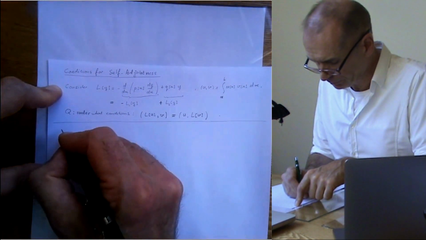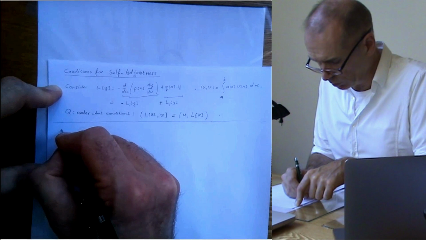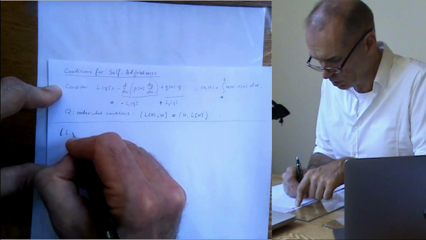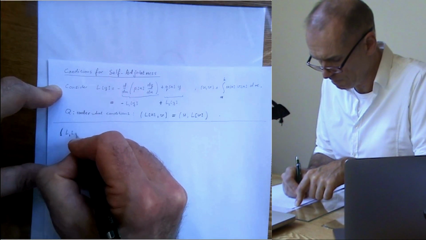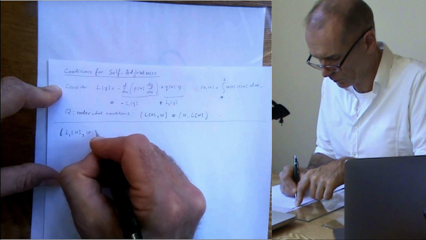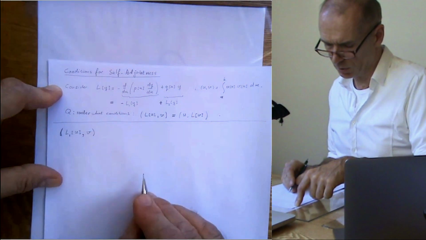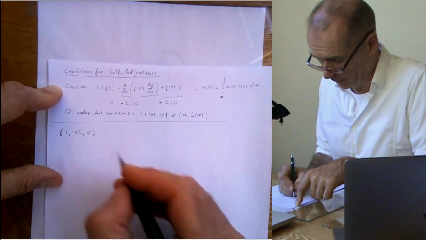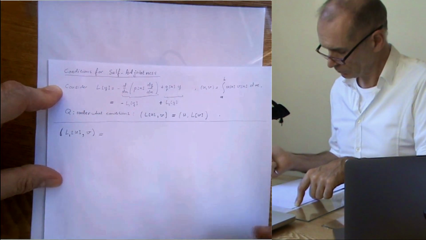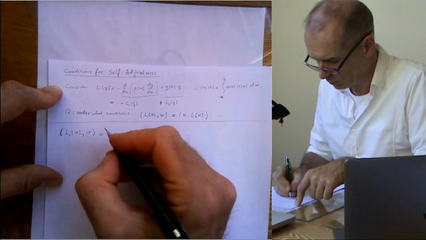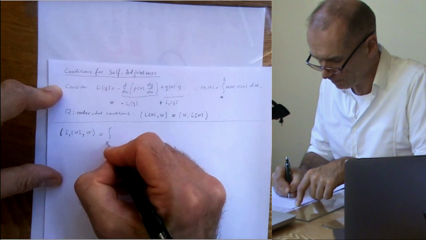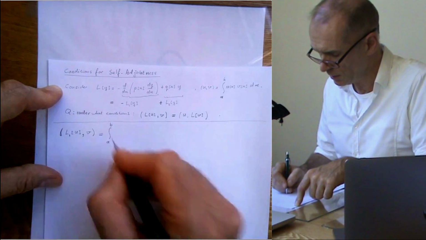So here we go. The goal is to investigate under which conditions we could move L1 from the first to the second slot in this inner product. Of course, we need to make use of all the definitions that we have. First of all, I write the definition of the inner product, that is the integral from a to b.